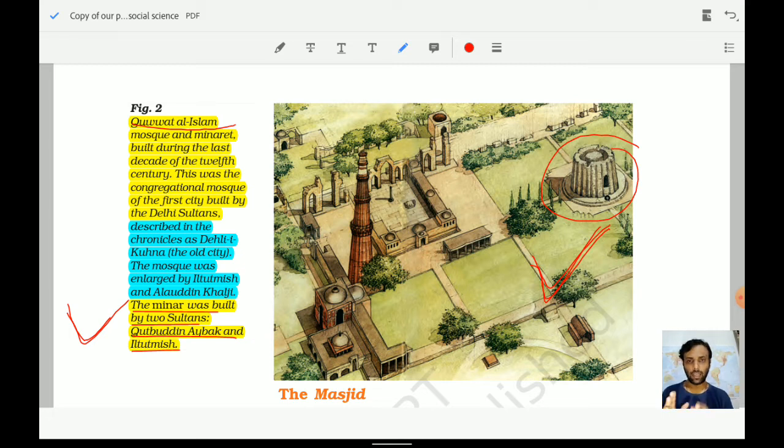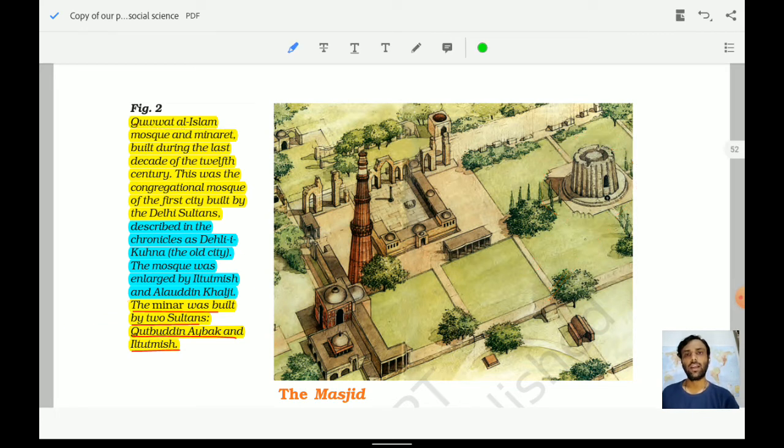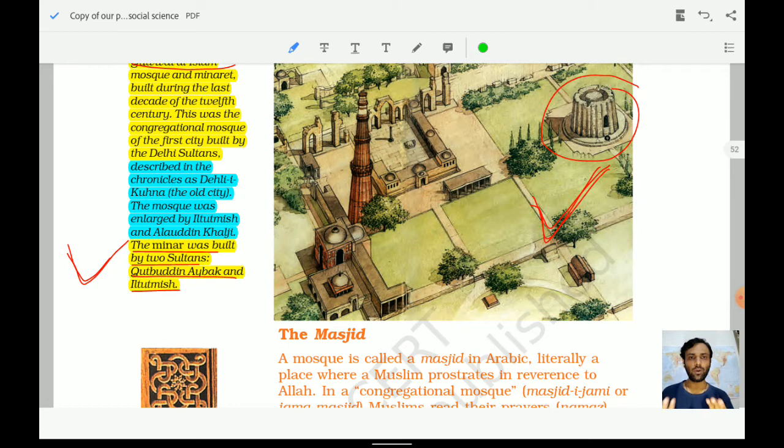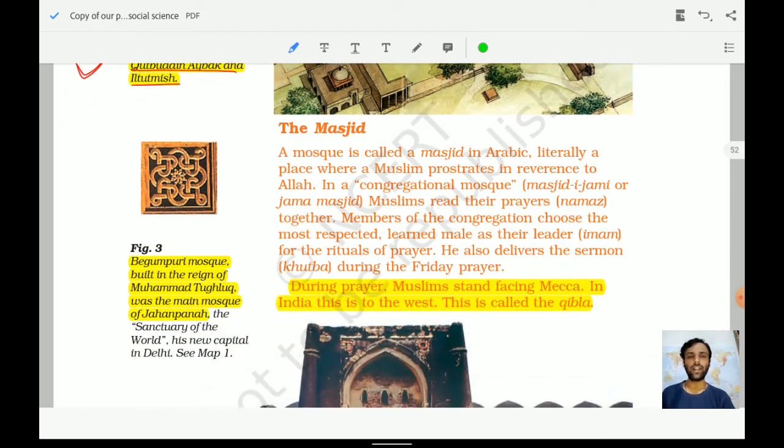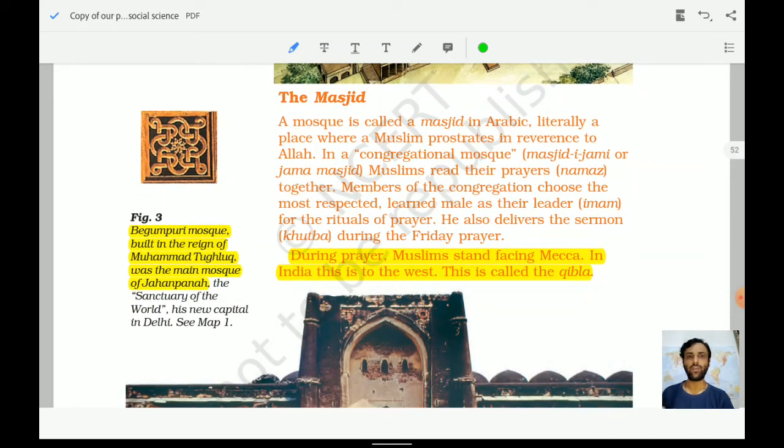Remember this, it was initiated by Qutbuddin Aibak and completed by Iltutmish. The minar was built by two sultans, as we discussed, Qutbuddin Aibak and Iltutmish. We will understand about these art and architectures when we cover the art and architecture portion, right? It is just providing us some detail about what is a masjid.